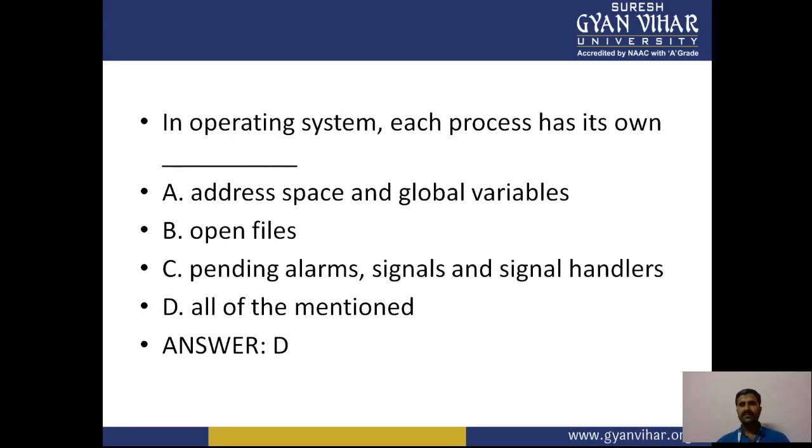In an operating system, each process has its own dash: address space, global variable, open file, pending alarm, signal, and signal handler, all of the mentioned. So all of the mentioned is the right answer, because each process has its own address space, global variables, open files, pending alarms, signals, and signal handlers.